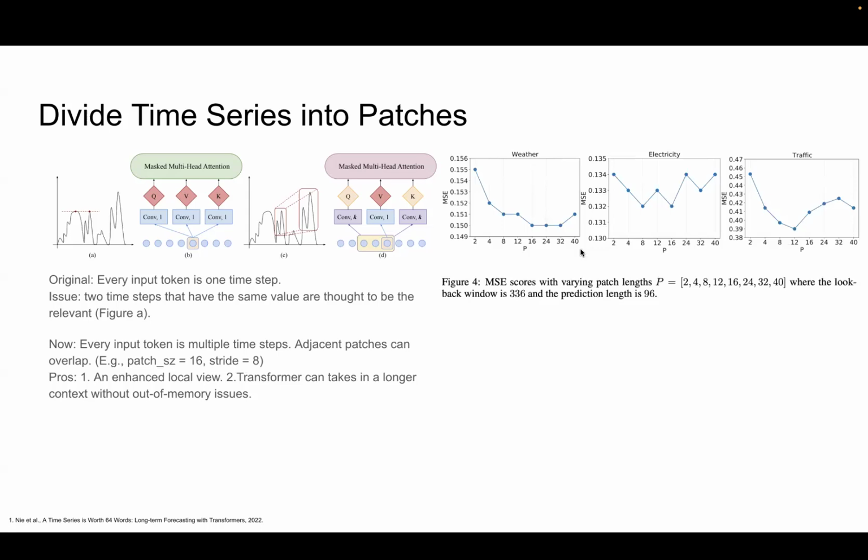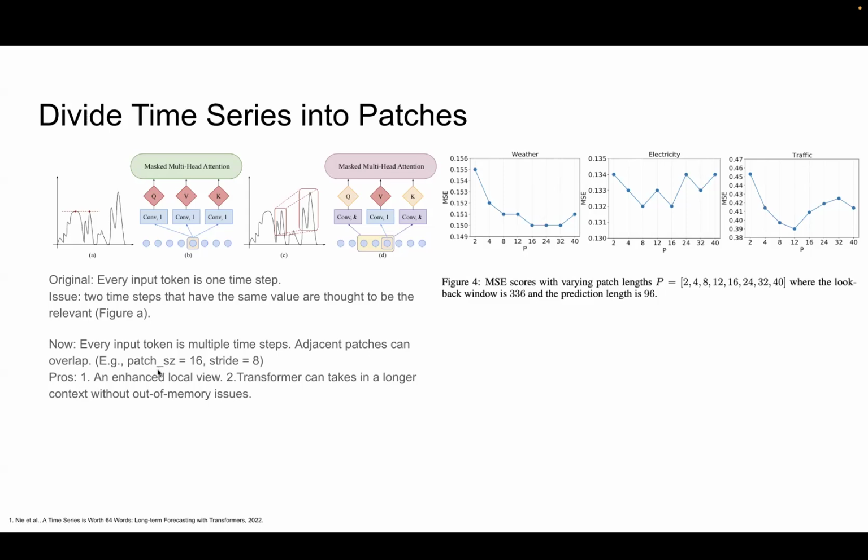The number of time steps that we put into an input token can be called a patch. So if we have a patch size of 16, that means we put 16 time steps into every token. And then the stride is how many time steps we move to the right before introducing the second token.